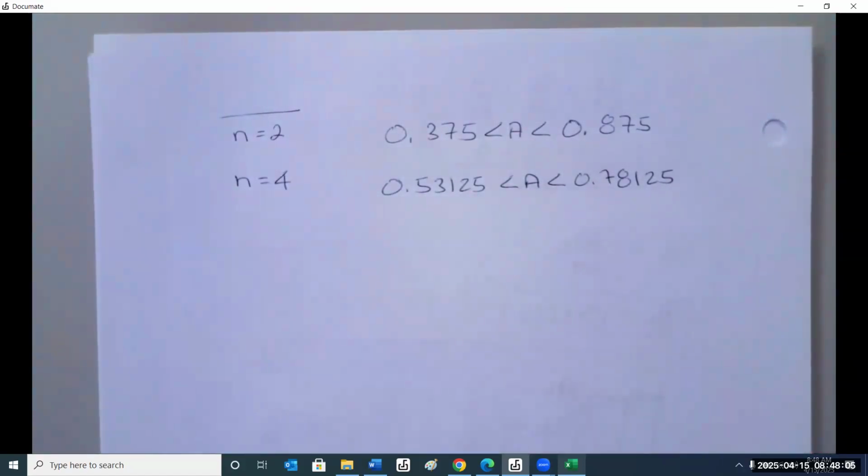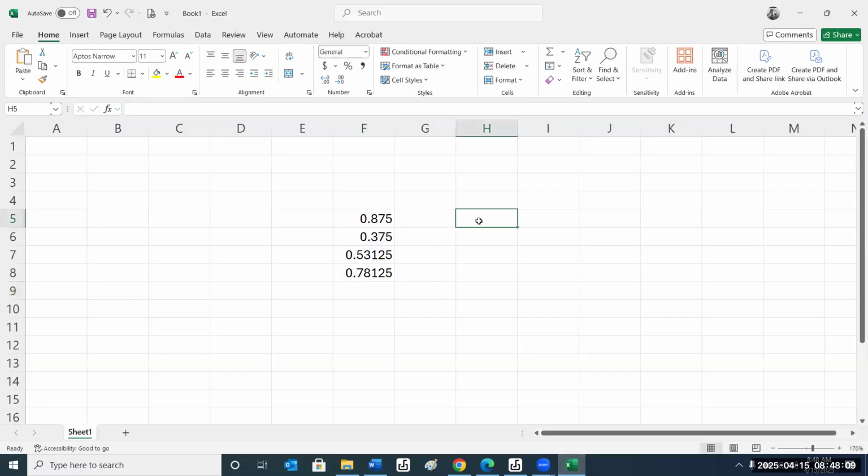So let's look at how far these are apart. For the first one, we have 0.875 minus 0.375. That difference is 0.5.